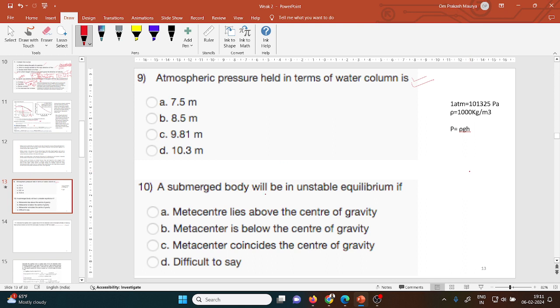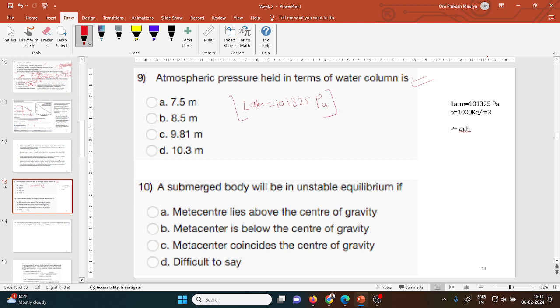Now here, the atmospheric pressure held in terms of water column. Atmospheric pressure value, previously I told you, 1 atm is what? 101325 Pascal.